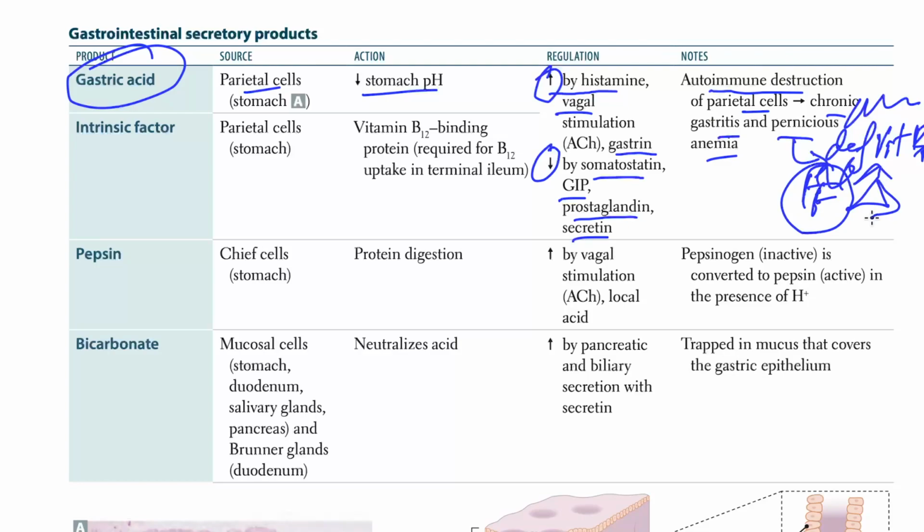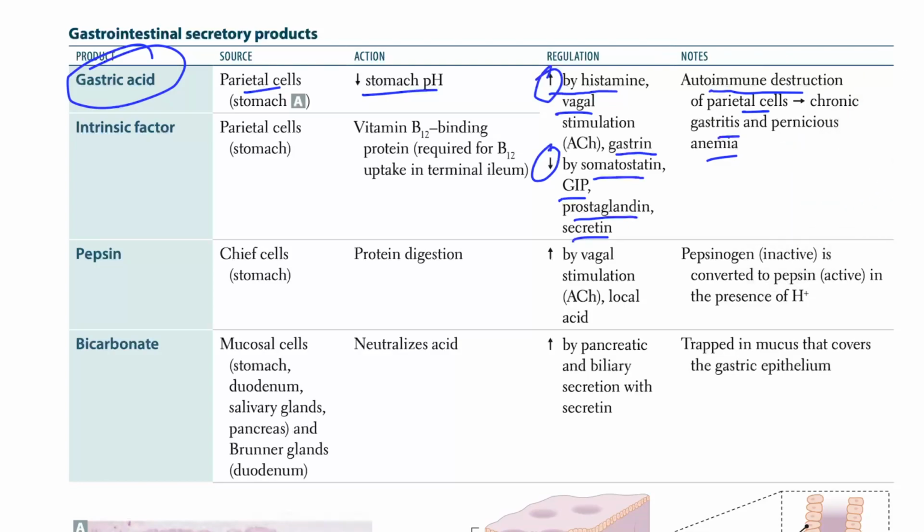So it causes pernicious anemia. Intrinsic factor, remember, gastric acid is coming from parietal cells, intrinsic factor is coming from parietal cells. It is a vitamin B12 binding protein required for vitamin B12 uptake in the terminal ileum. If you have any surgery that removes the terminal ileum, again, pernicious anemia.